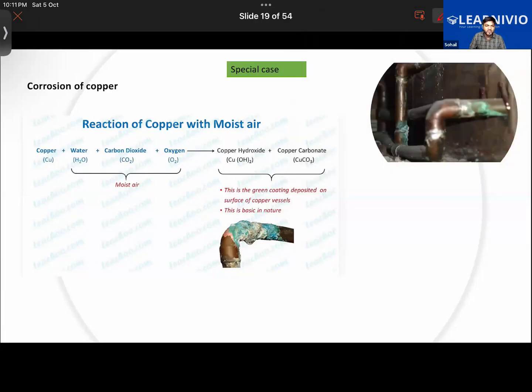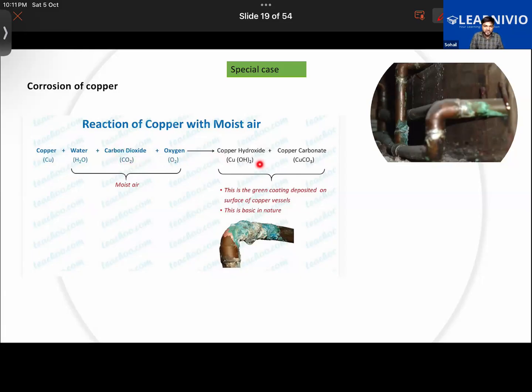Normally, I said that copper turns black in color because of the formation of copper oxide, right, Ramesh? But in some cases, if the air is moist, the copper is going to react with the water also, and with the carbon dioxide in the air along with oxygen.